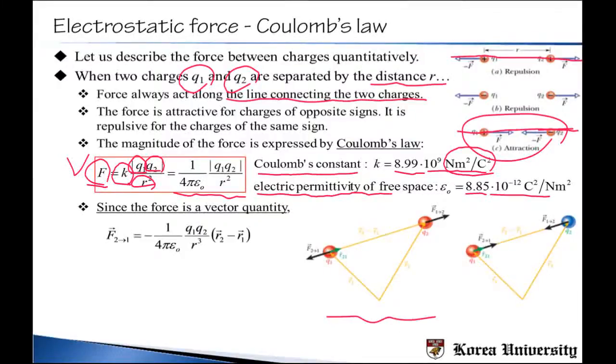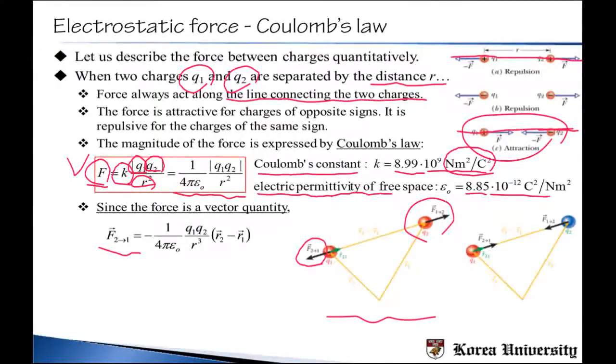In this figure on the right side, the picture is drawn to represent a three-dimensional view of the force acting between two charges. Let's think about the first force, which is written as F2 arrow pointing 1. This is the force from charge 2 acting on charge 1, so it is this arrow acting on charge 1.